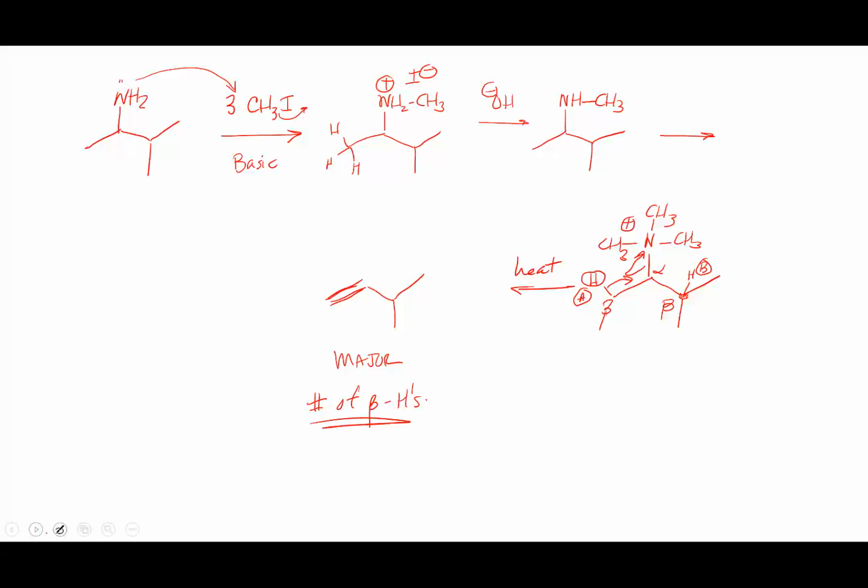But what I want to do in my couple minutes left here is show you another method to make nitrogen into a leaving group, and this one also produces the least substituted double bond, but instead of the molecule having to have the hydrogen and the leaving group anti-periplanar, I now have to have them coplanar.